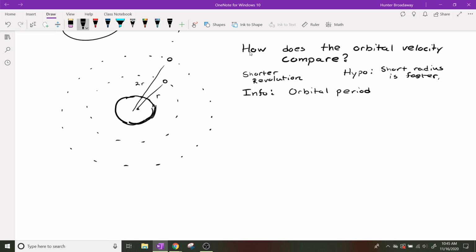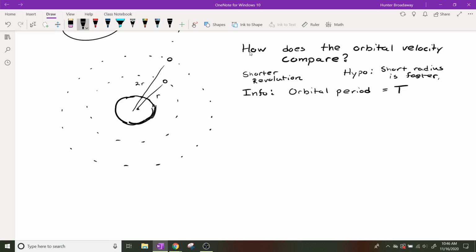So we would need the T, right? Do we want to plug in numbers or solve this analytically? Then we will need the orbital period, which is given the variable capital T. We could plug in any number there.